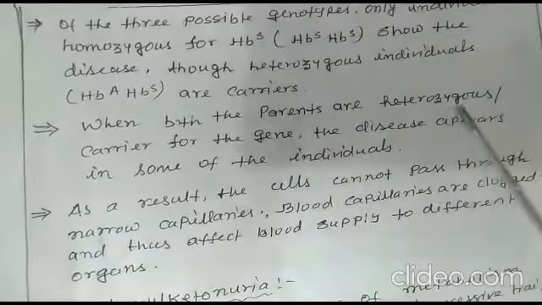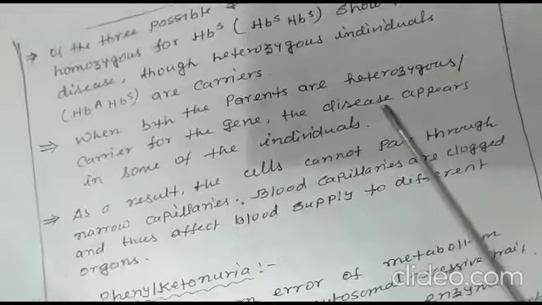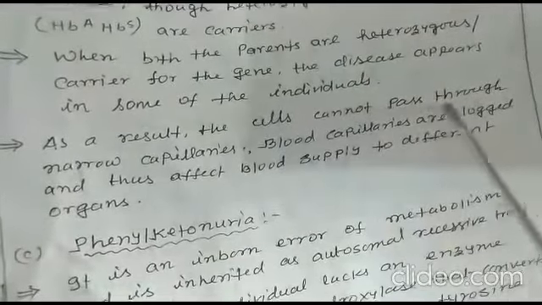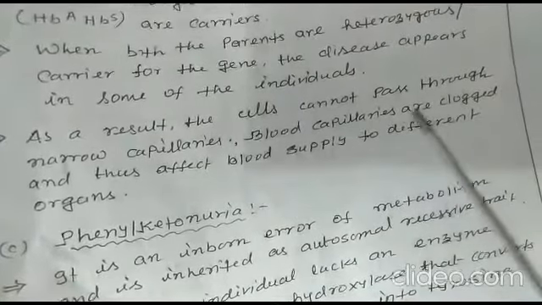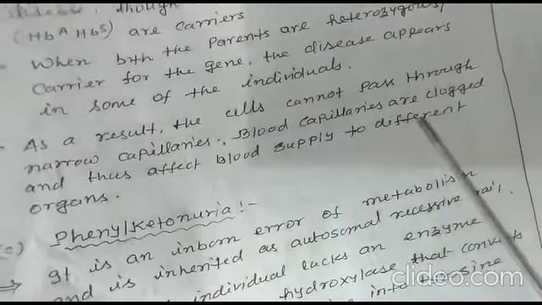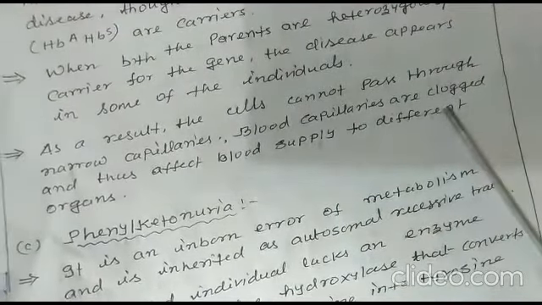When both parents are heterozygous carriers for the gene, the disease appears in some of the individuals. As a result, the cells cannot pass through narrow capillaries, blood capillaries are clogged, and thus blood supply to different organs is affected. That is about sickle cell anemia.